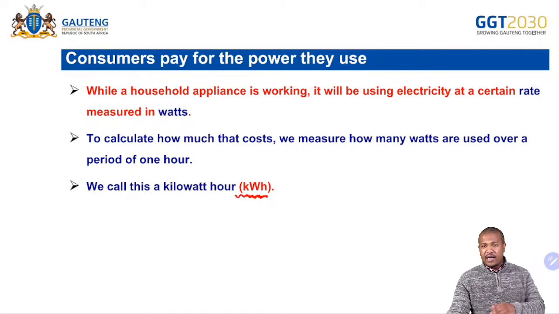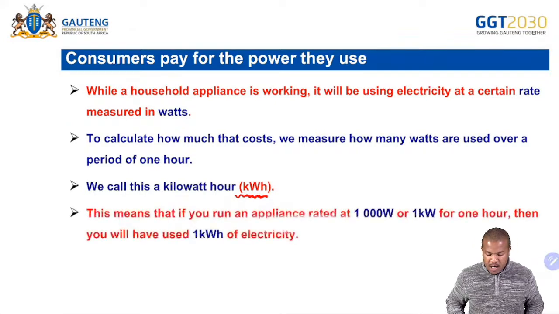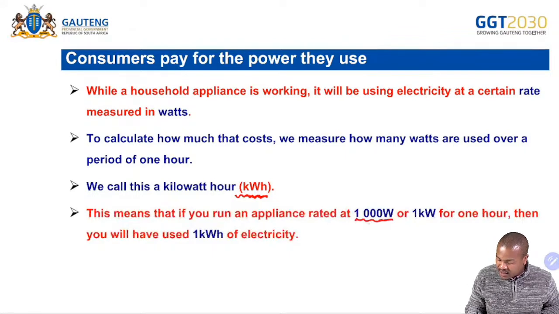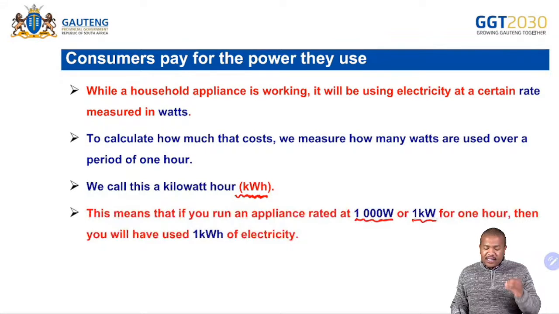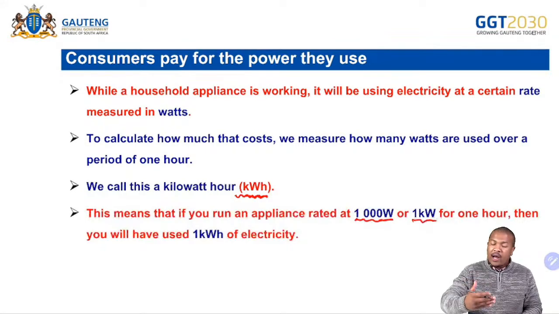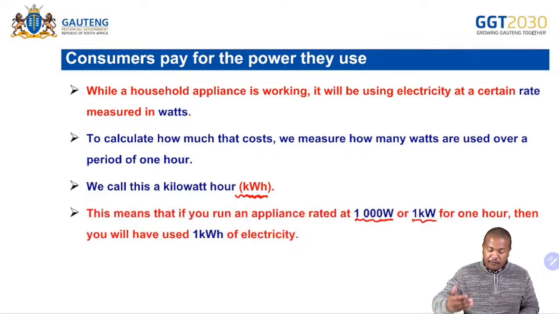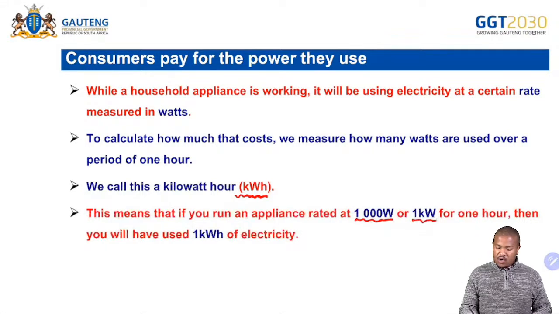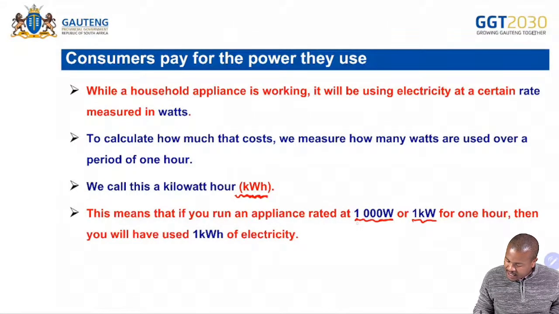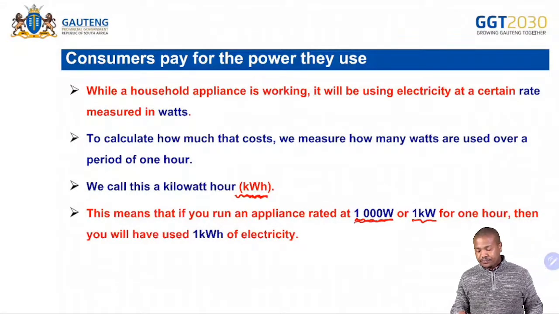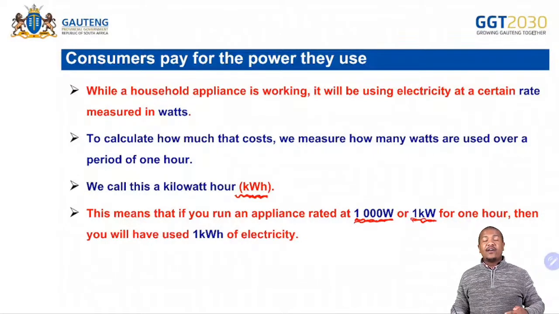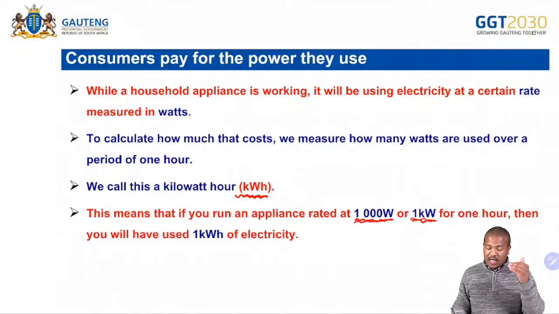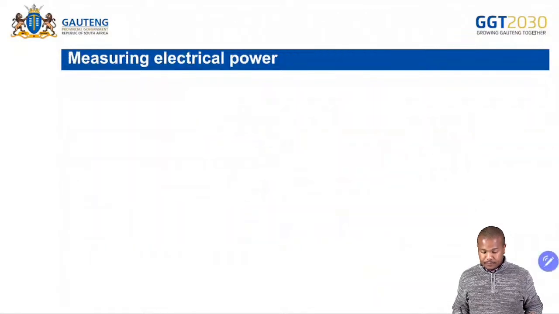So if you run an appliance rated at 1,000 watts or 1 kilowatt for 1 hour, it means you will have used 1 kilowatt hour of electricity.